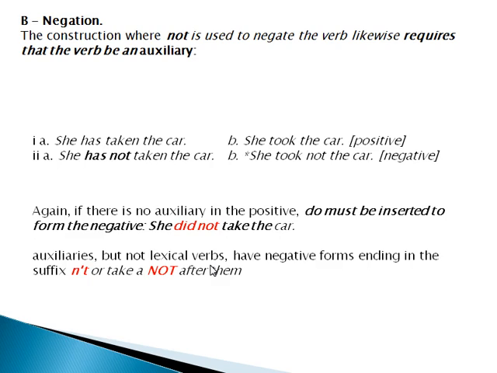Be is neither an auxiliary nor a lexical verb, and it's both at the same time. Because I cannot say "I am not," only "I'm not." Although I can say "you are not," "he is not." So we have to consider be isolated.